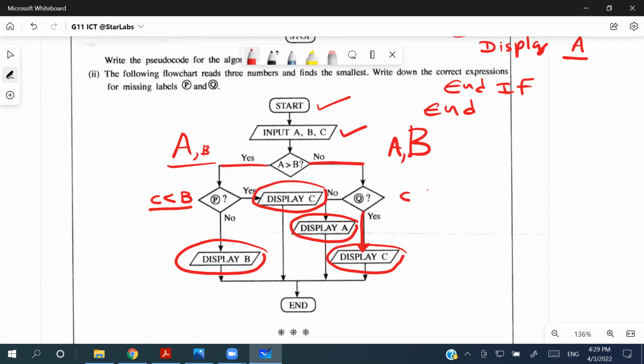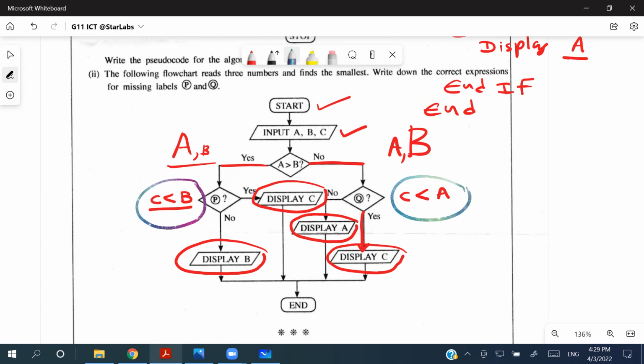So this condition, C less than A, should be true. Then C will be given to display. Otherwise, A can be given to the display. So the answers are going to be these two, right? This one and this one.